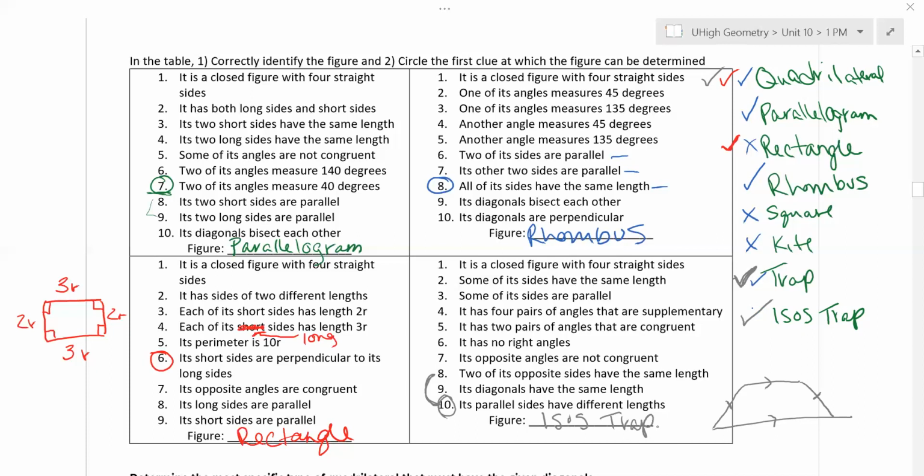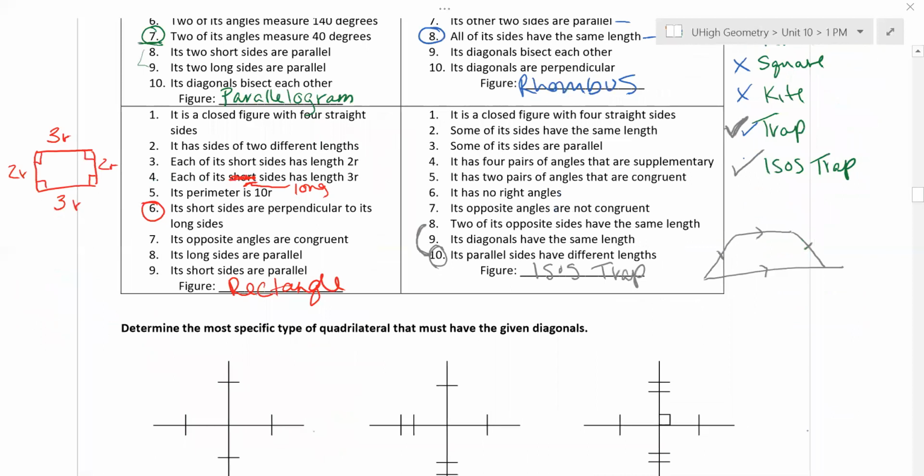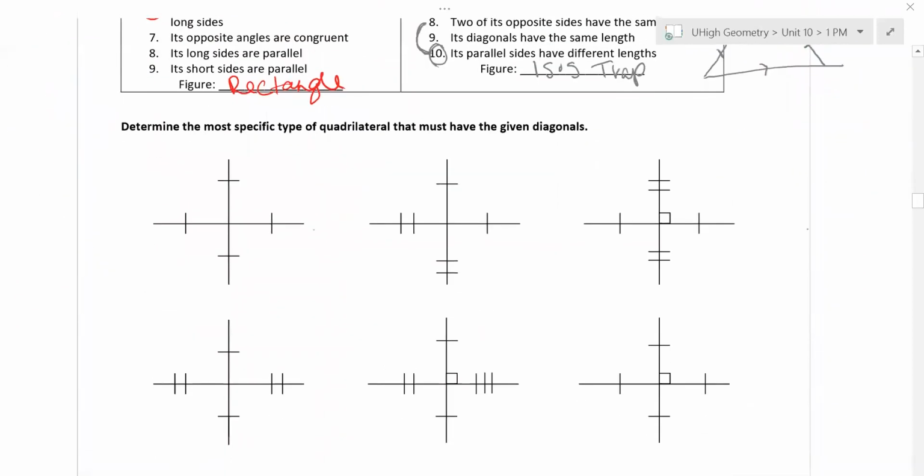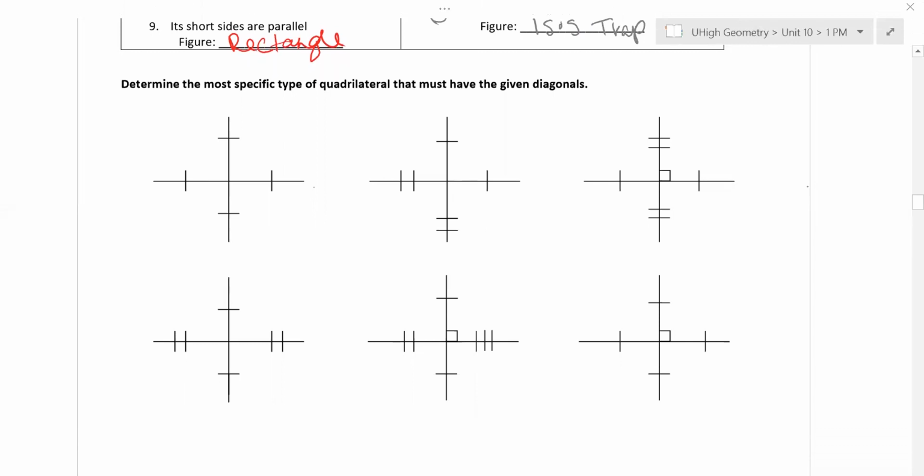Okay, so the next part, I think one of my favorite activities for this lesson, is we are going to determine the most specific type of quadrilateral given the diagonals. So this is going to be very similar to the activity that we have above, but we are only given things about the diagonals.